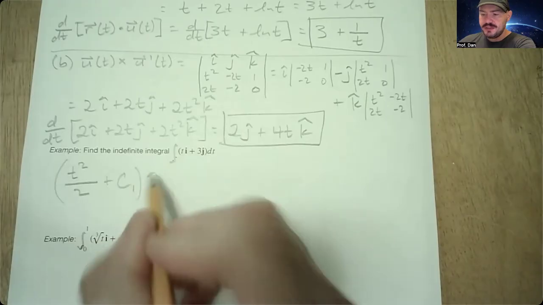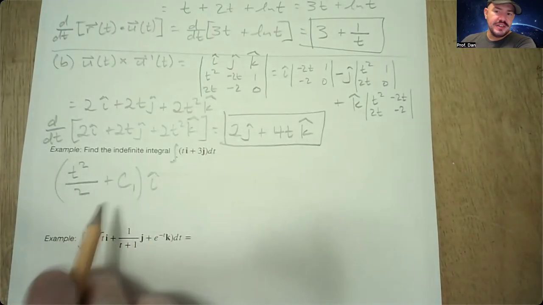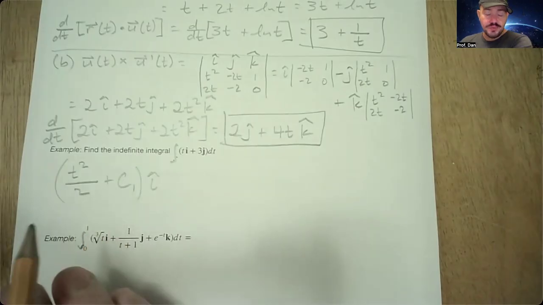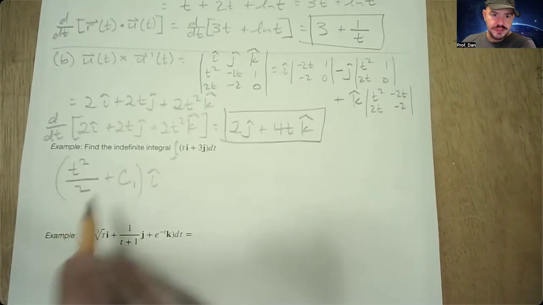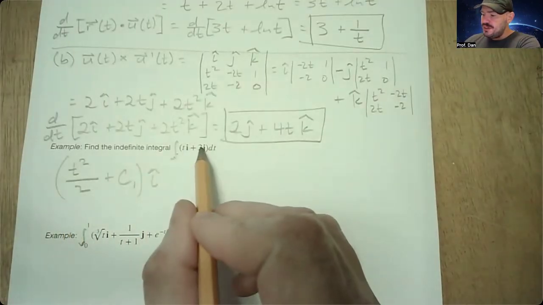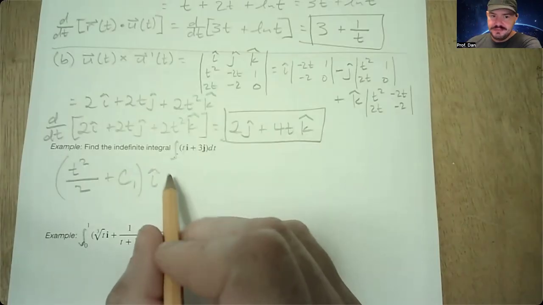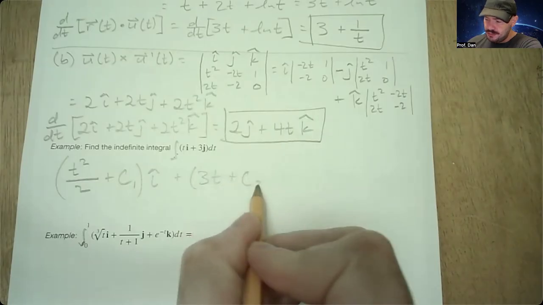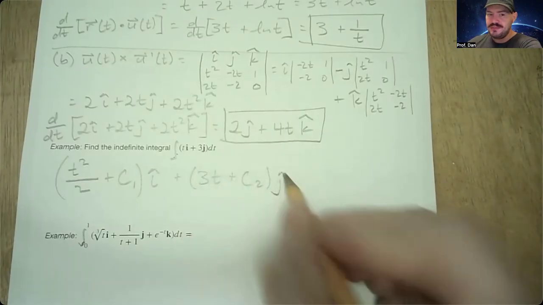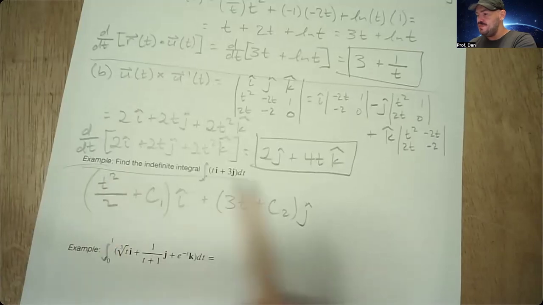That's going to be my i component, parentheses, very important here, because when you're adding that plus c, you have more than one term in that component. So you do need to put it in parentheses. All right, antiderivative of 3 would be 3t. So plus 3t plus c2 j. And that's my antiderivative.